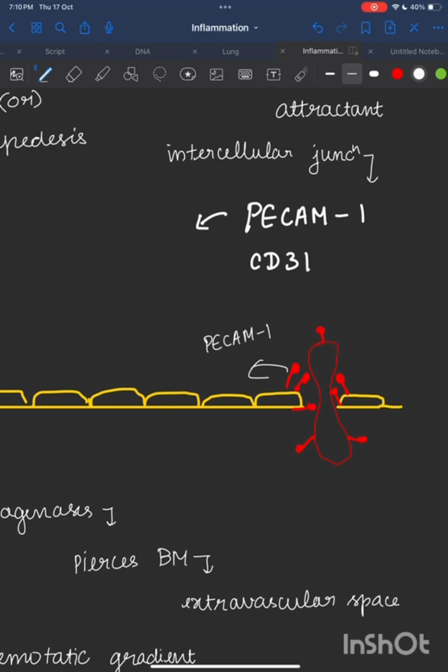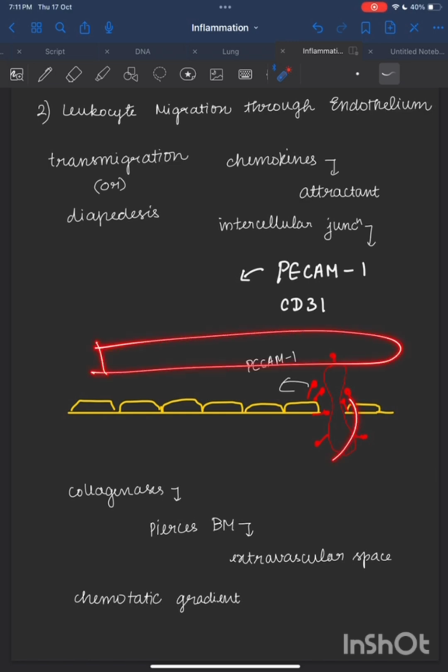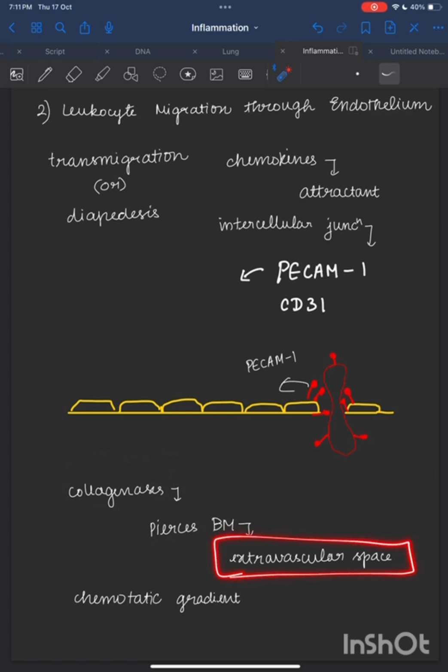These help in transmigration of the leukocyte from the lumen to the injury site. The leukocyte also produces collagenase, which pierces the basement membrane and enters the extravascular space, and it moves according to the chemotactic gradient.